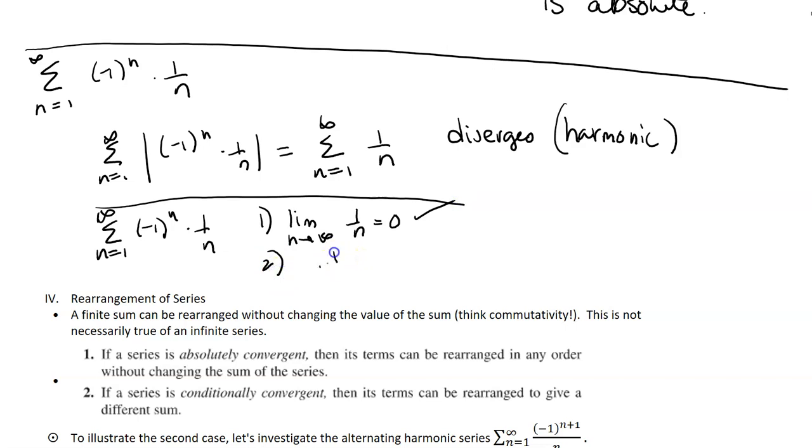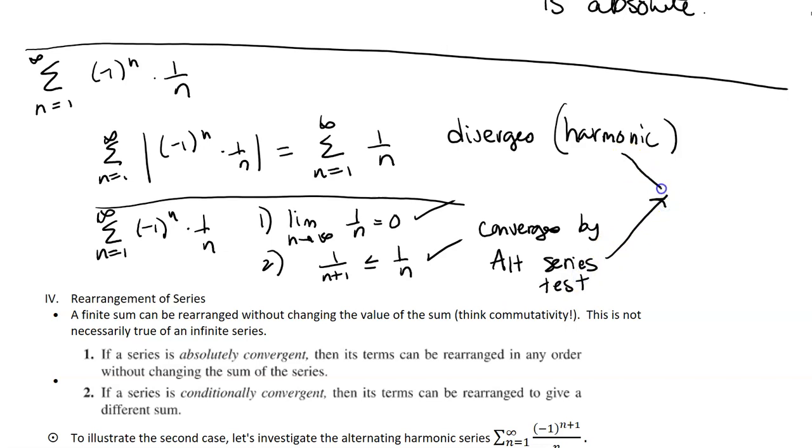We know that 1 over n plus 1 is less than or equal to 1 over n because the denominator here would be smaller. So that checks out. So this one converges by the alternating series test. But when you put these two together, we get that this is conditional convergence.